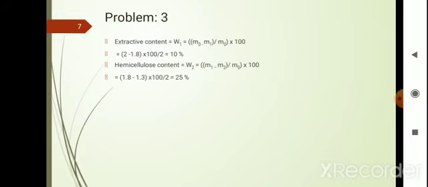So this is the percentage of extractive and hemicellulose in this test: 10% and 25%. And this question has a second part. Suppose in this sample we have some moisture also. If 25% moisture was there, what will be the value of extractive and hemicellulose? If you are considering the moisture also, this is not the correct value because moisture will also be present.